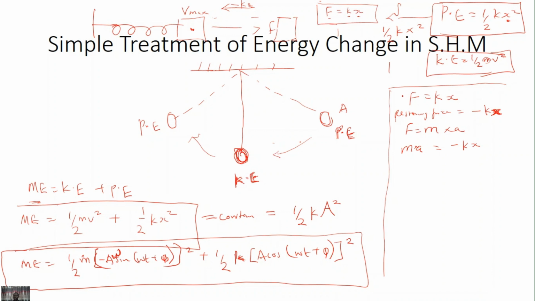And don't forget that we said earlier in the slide that acceleration, when expressed as a function of t, is equal to what? Minus amplitude, omega squared, cos (omega t plus psi).